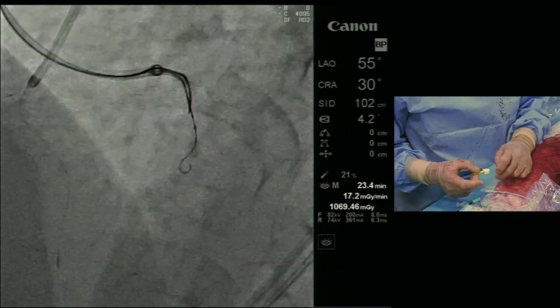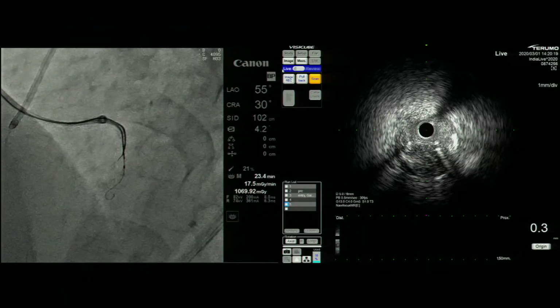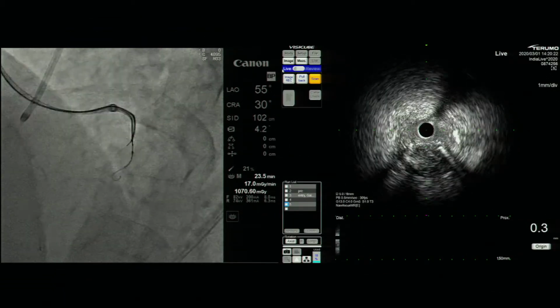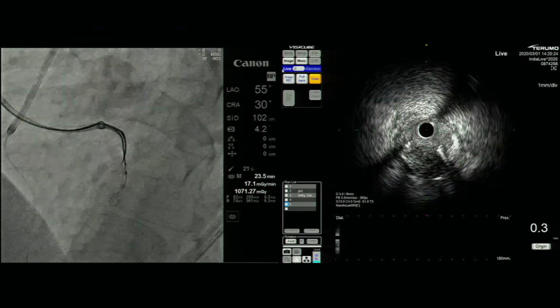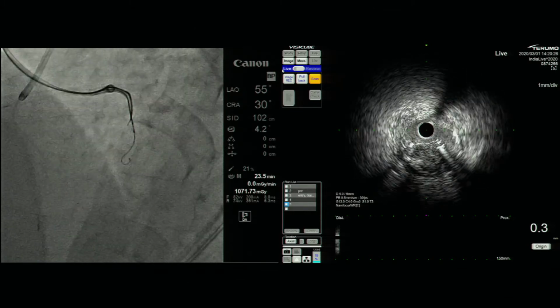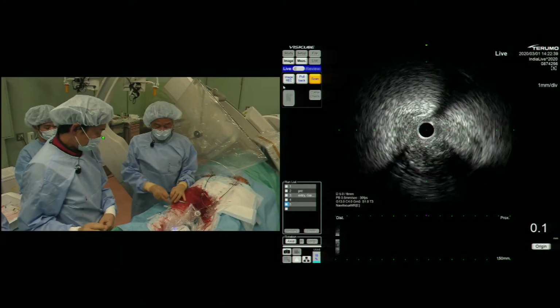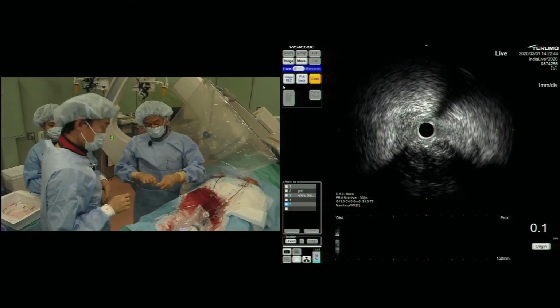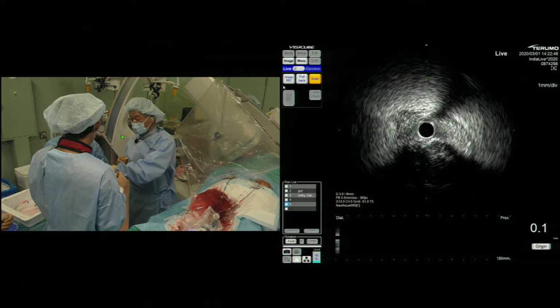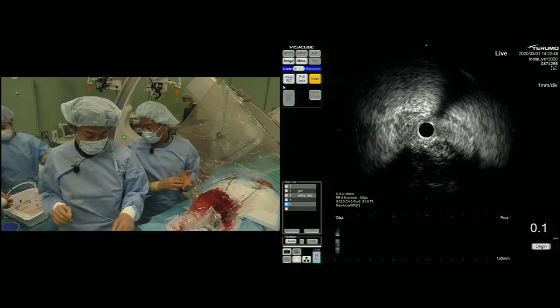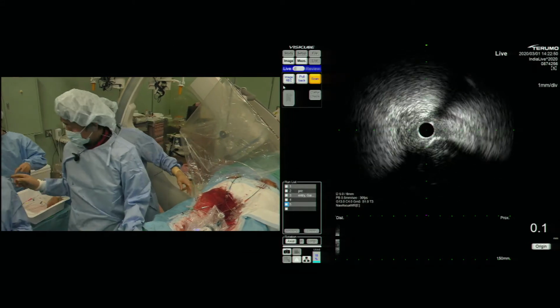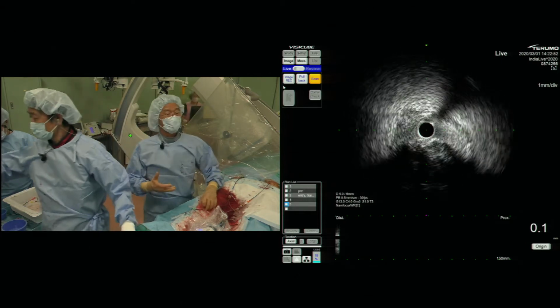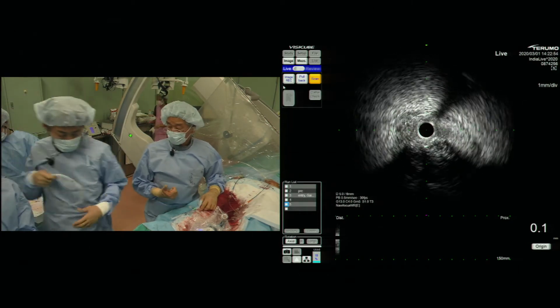On the IVUS, the tip of the Corsair is in the plug. So I will change to the Gaia Next one again. I need better controllability.